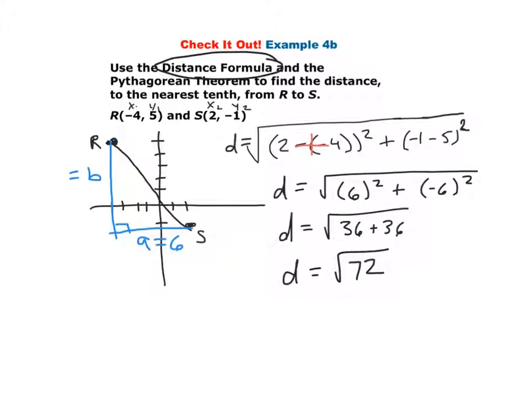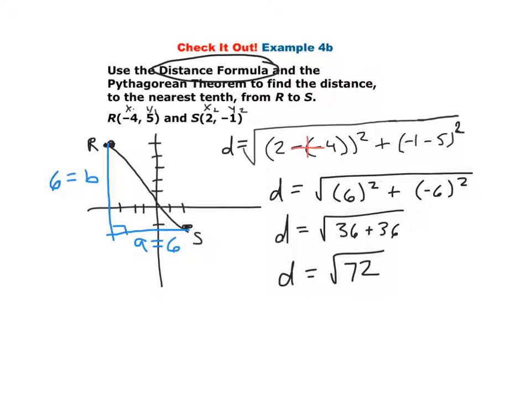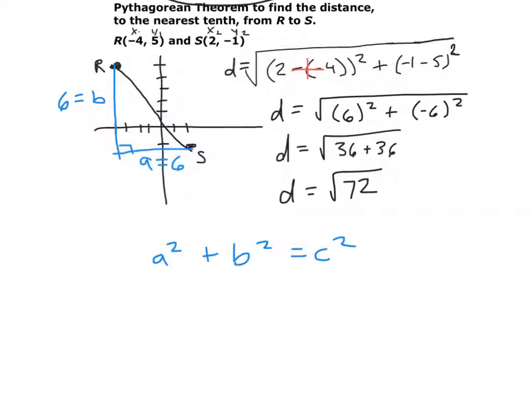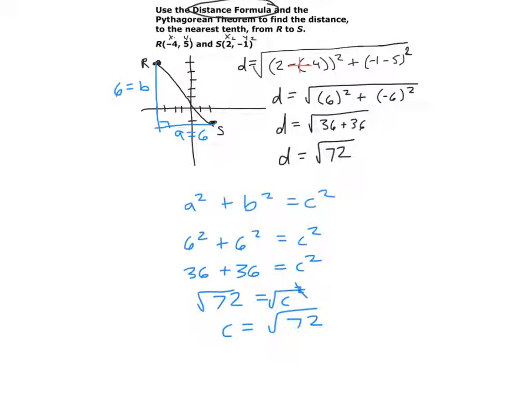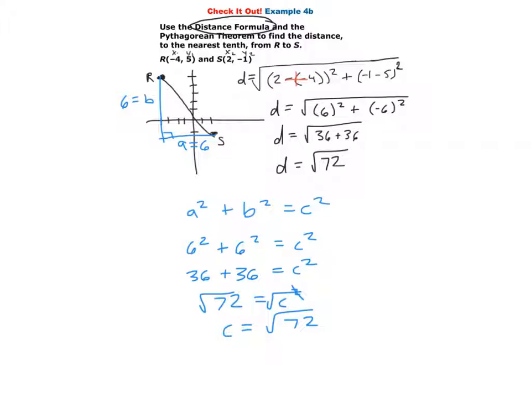So B is equal to 6. So A squared plus B squared is equal to C squared. 6 squared plus 6 squared is equal to C squared. So we have 36 plus 36 is equal to C squared. 72 is equal to C squared. Take the square root of both sides, and you get C is equal to the square root of 72. Any questions?